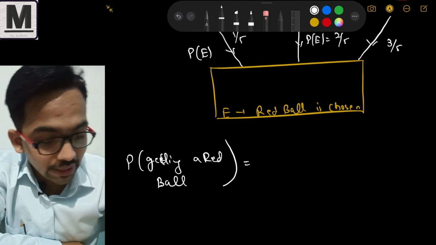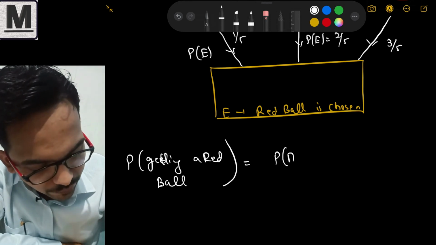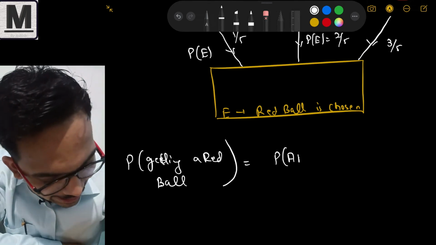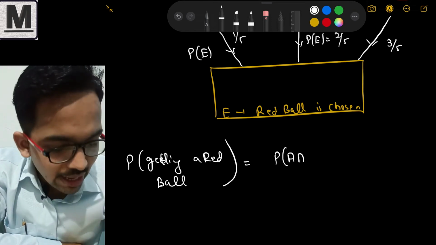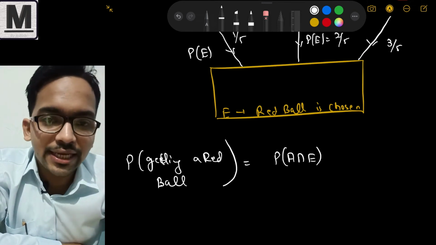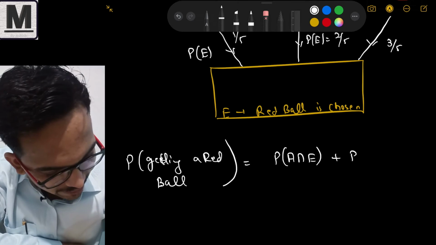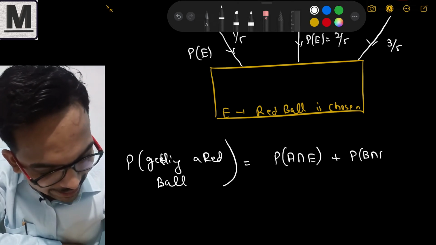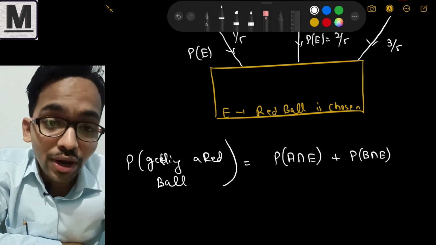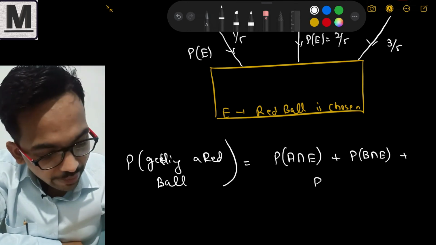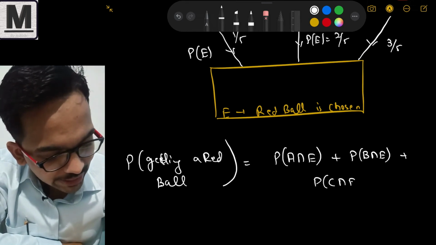That you have chosen bag A, and from bag A a red ball has been taken out, or from bag B a red ball has been taken out, or from bag C a red ball has been taken out.